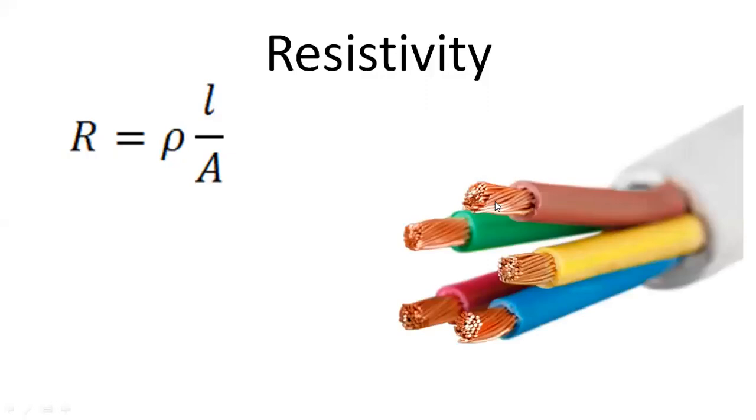We will take our wires first, because whatever you are studying, resistivity and everything, is related to electrical circuits, and electrical circuits will always have electrical wires. So whenever you are substituting the value of area, you have to substitute the value for these wires. That means the area value should be taken from the area of this copper wire. Focus on this part.